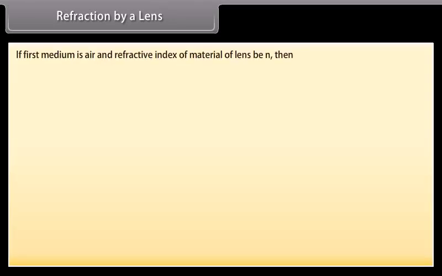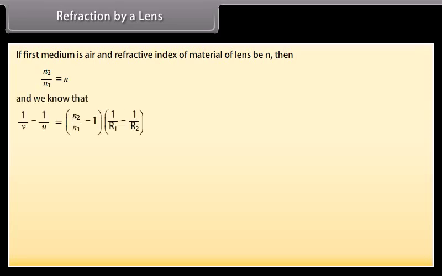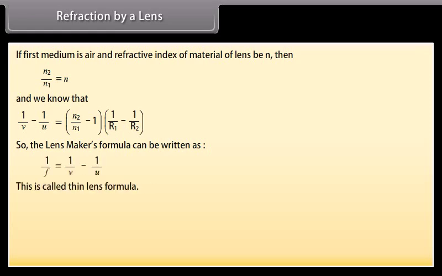If the first medium is air and refractive index of material of lens be n, then N2 upon N1 is equal to n. And we know that, so the Lensmaker's formula can be written as shown. This is called thin lens formula.